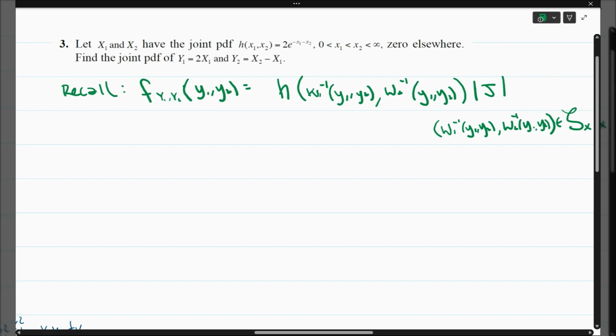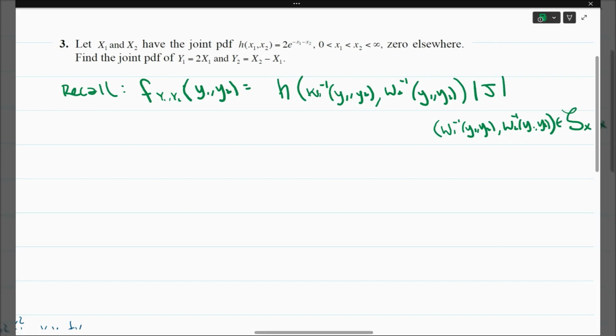Okay. All right, so let's go ahead and find the inverse functions.